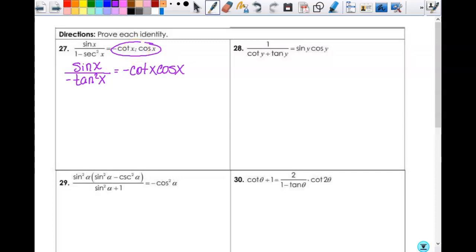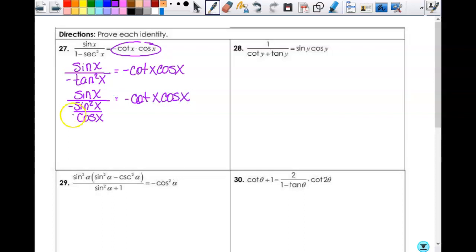So then, as I look at this, I've got sine over tangent squared, and I know tangent is sine over cosine, so I think here using my quotients will be good. So I'm going to get sine x over negative sine squared x over cosine x equals negative cotangent x cosine x.